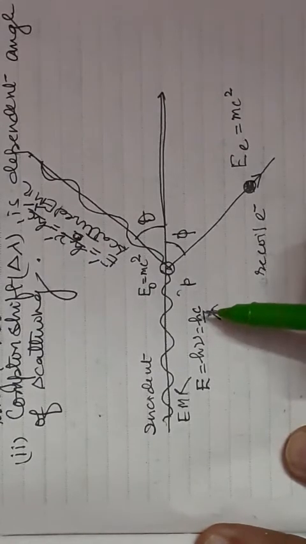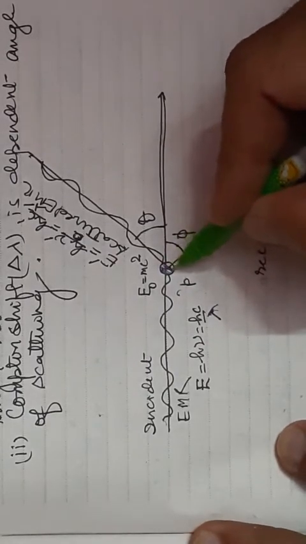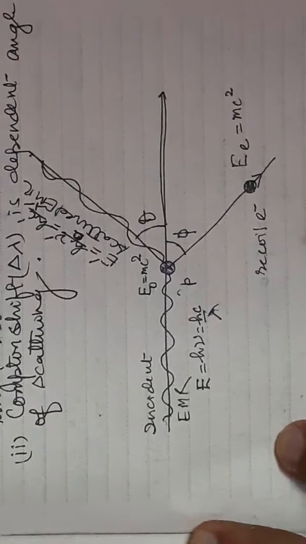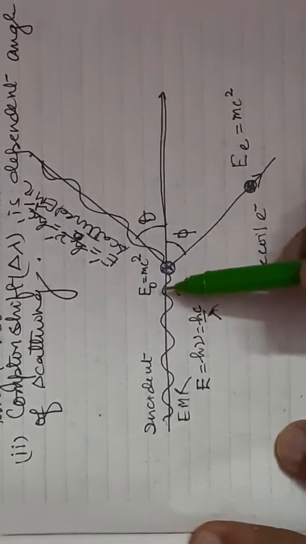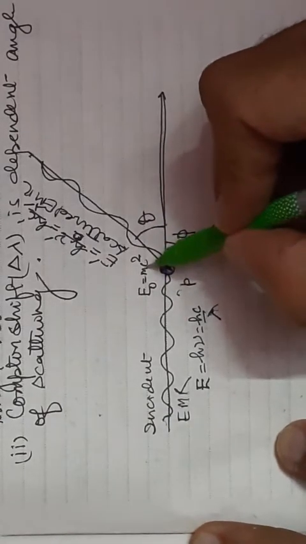Nu can be written as c by lambda, so that's why hc upon lambda. This is the free electron, which is having total energy E is equal to m naught c square.